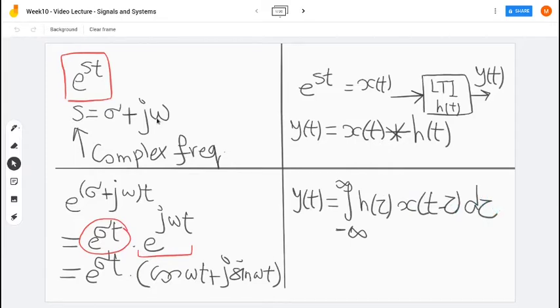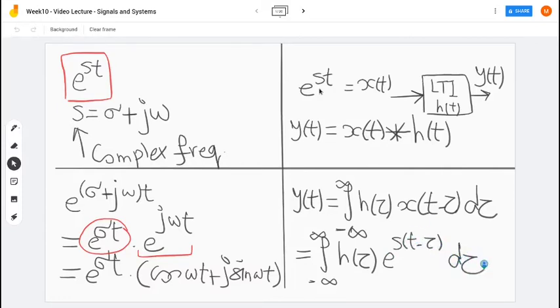So this will be equal to integration from minus infinity to positive infinity, h of tau times x of t minus tau. Now x of t is equal to e to the power st, which makes x of t minus tau e to the power st minus tau. So we'll be having e to the power st minus tau d tau.